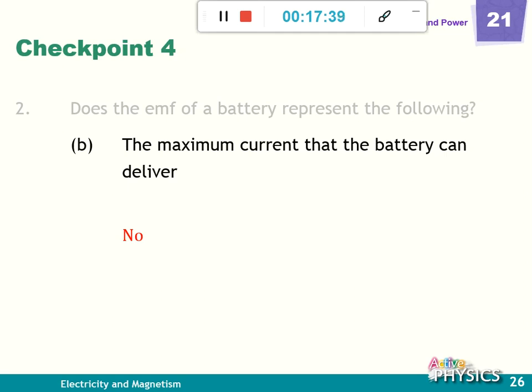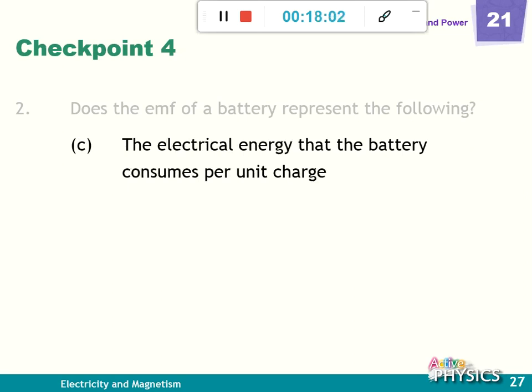So the maximum current does not depend on the EMF of a battery. It depends on everything. We will mention this short circuit later. Even 1.5 volts can catch fire and produce a very large current, so this is wrong.